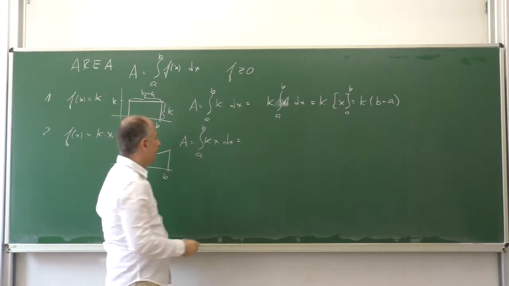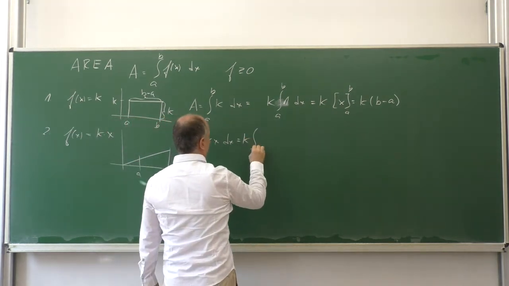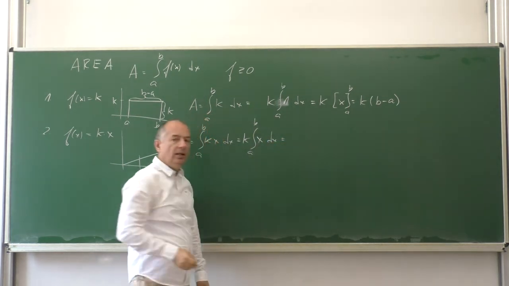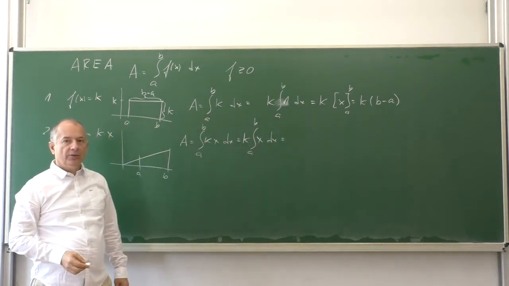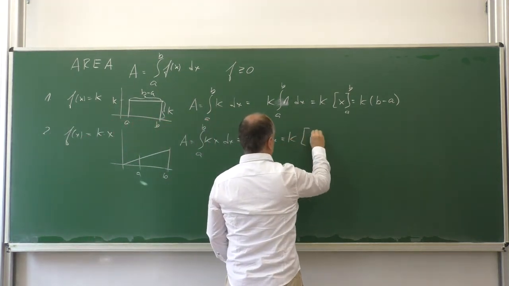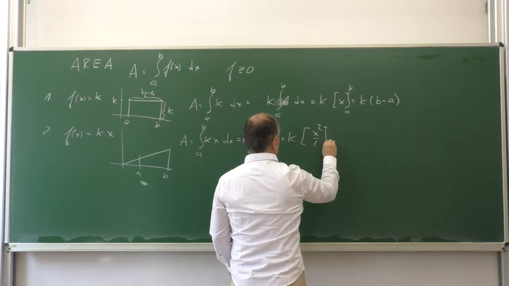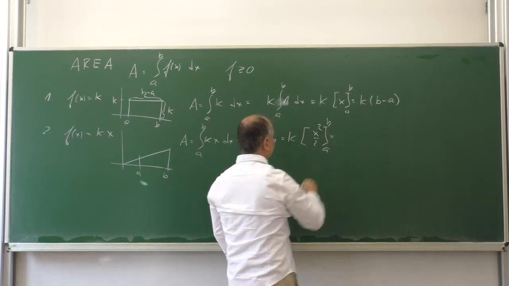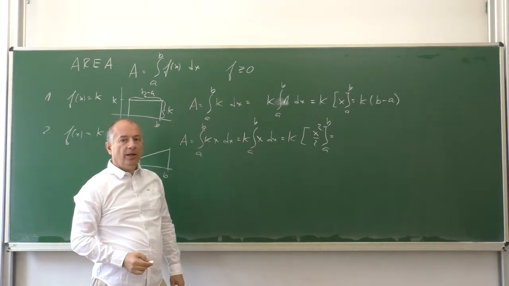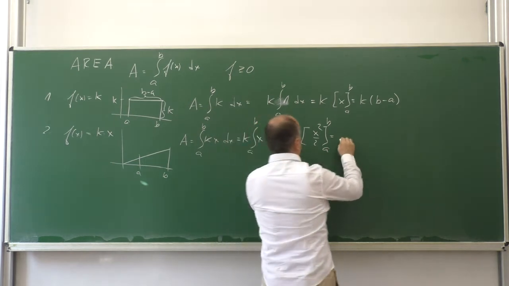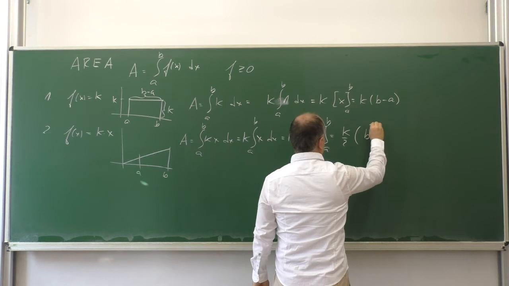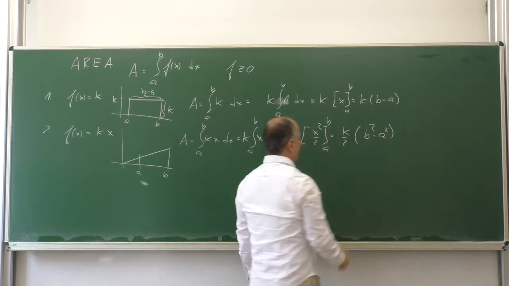We can again factor out k, and we have the integral from a to b of x dx. And now the antiderivative for x is x squared over 2, from a to b. And then we substitute b and a for x and subtract. So we have k, and we can factor out 1 half, and we have b squared minus a squared.